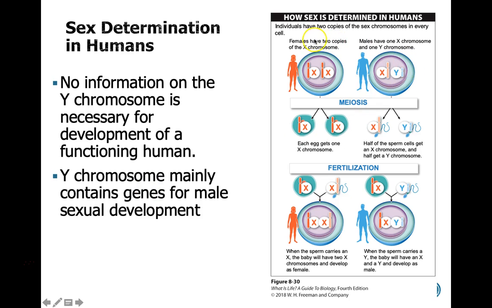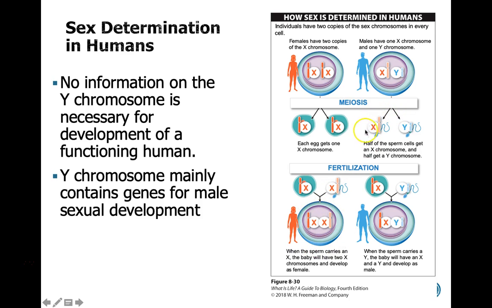So over here we have a female has her 2 copies of her X chromosome. So all females have 2 copies of an X chromosome. During meiosis, each cell gets one of those X chromosomes. For the males are X and Y, so they have 1 copy of the X chromosome, 1 copy of the Y. During meiosis, those homologs are split up. 1 sperm gets an X, 1 sperm gets a Y. If that sperm with the X chromosome is used to fertilize an egg, that individual is going to be female.